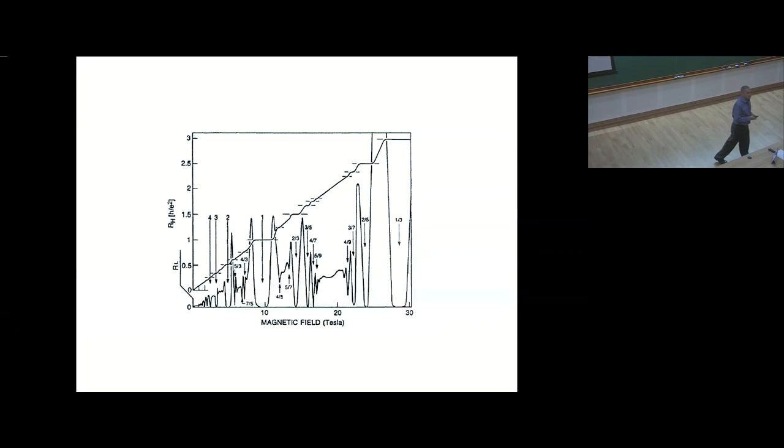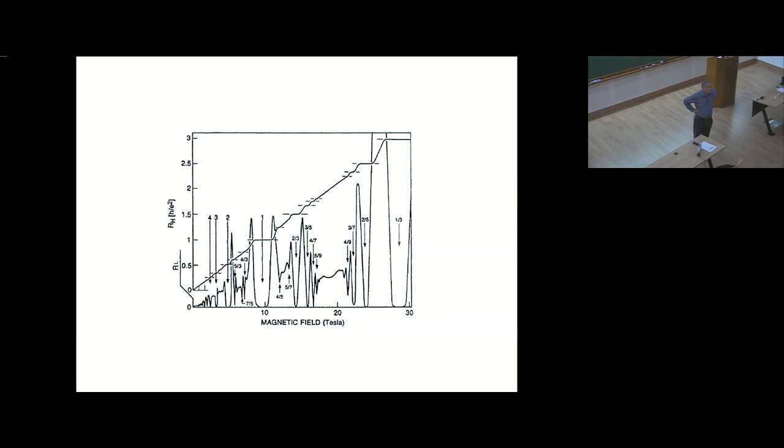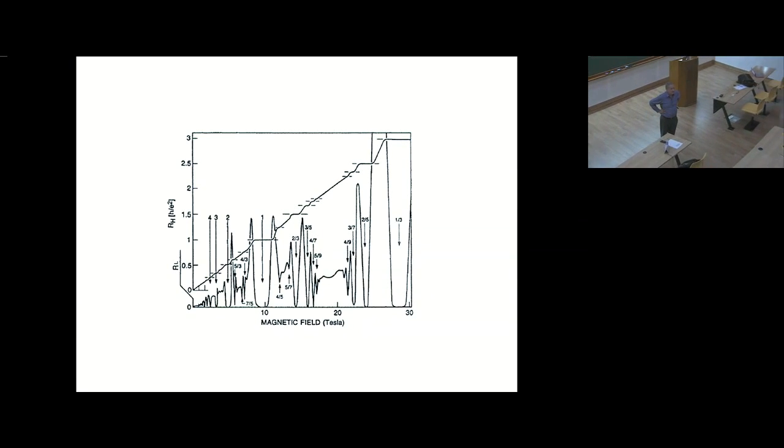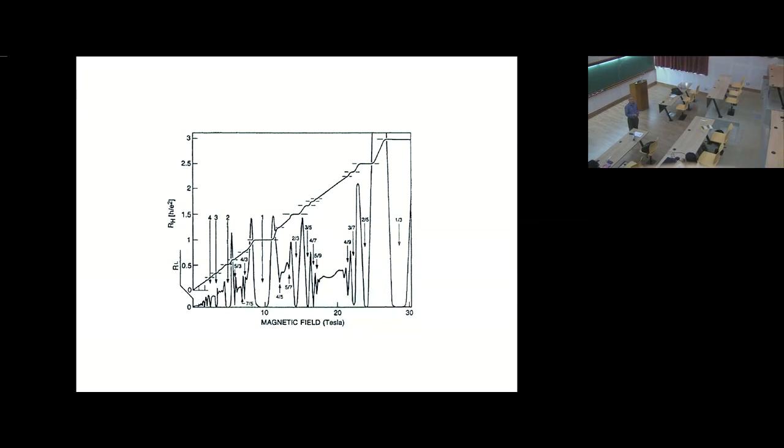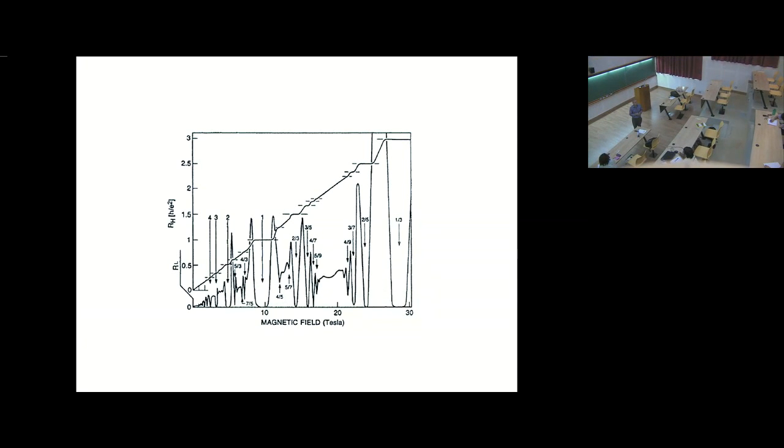Why is this effect robust against changes in geometry and disorder and presence of defects or any other features? That's another very good question. So why is the effect so universal? Why is the quantization so precise?